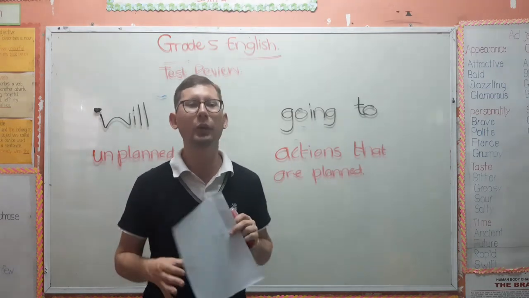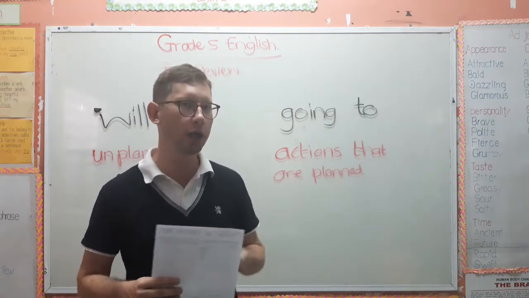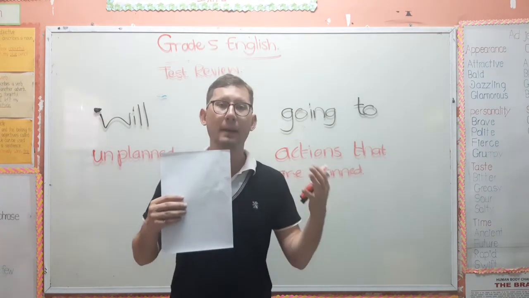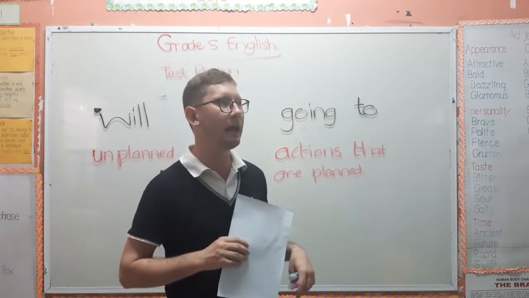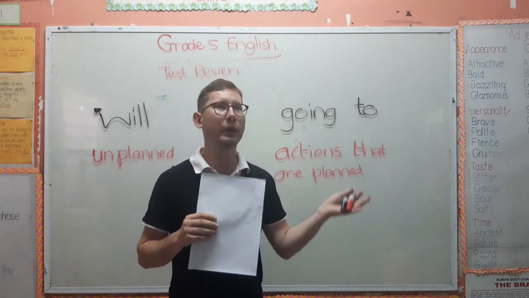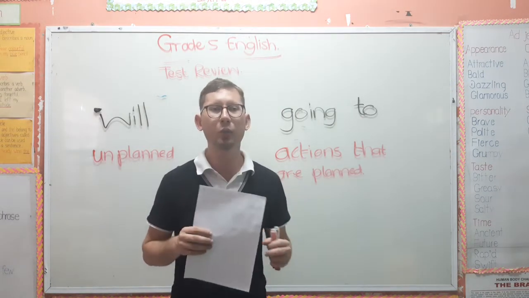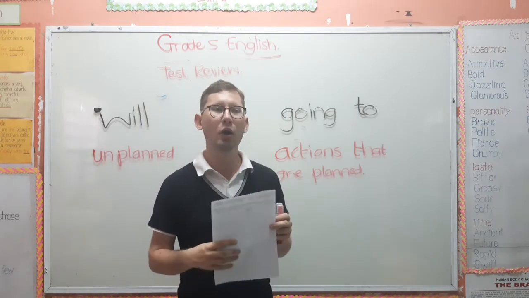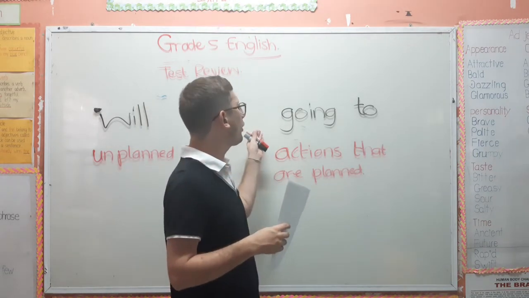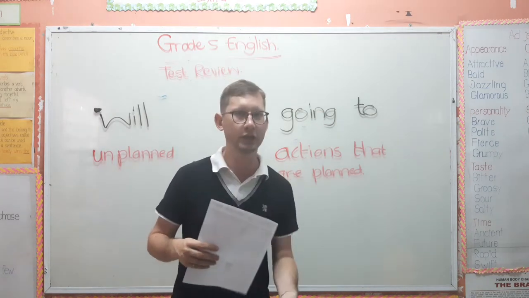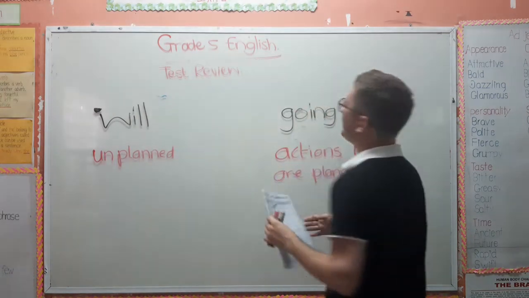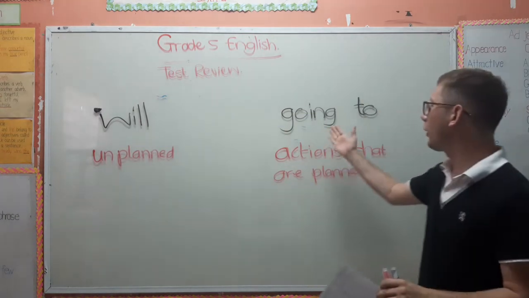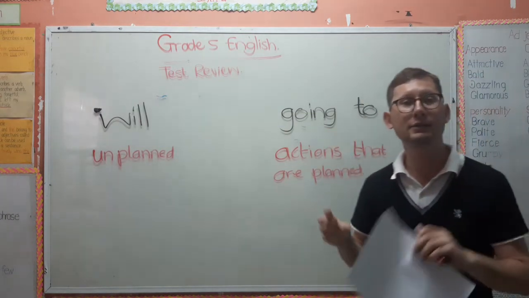Tomorrow we're going to have an oral exam, or tomorrow we're going to have a presentation about Nelson Mandela. Tomorrow we're going to Brazil. Tomorrow we're going to catch a plane to Europe. This can also be in the future. But the difference between the two is will is unplanned, something you didn't plan to do. Going to is when we plan something to do.